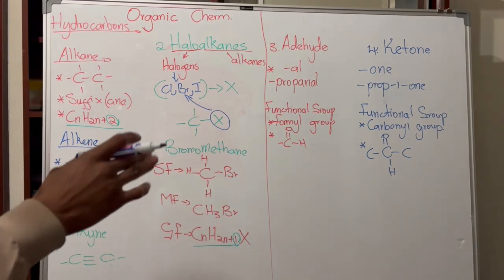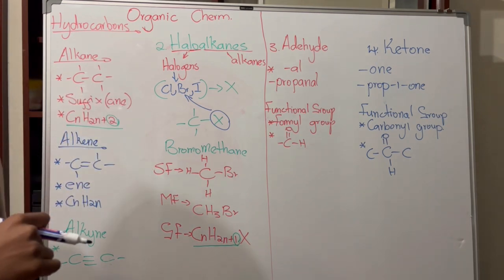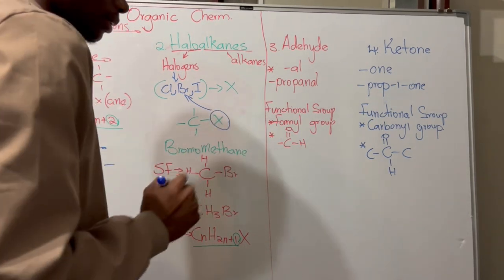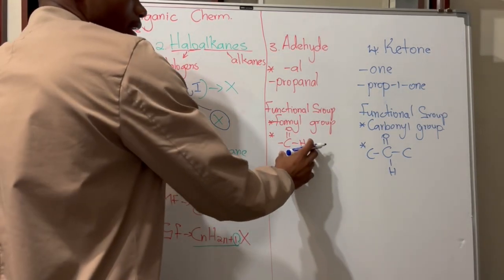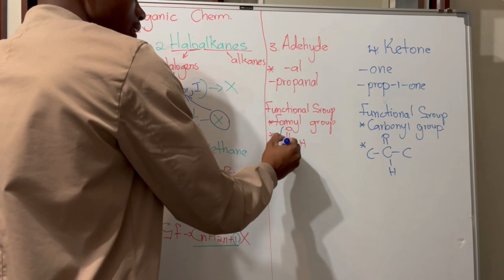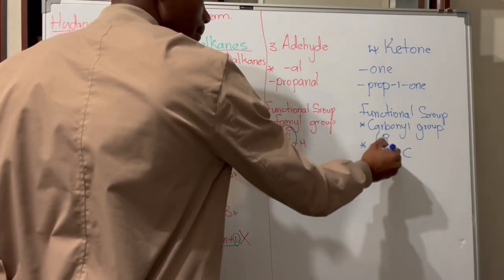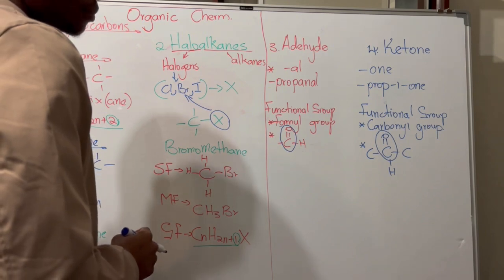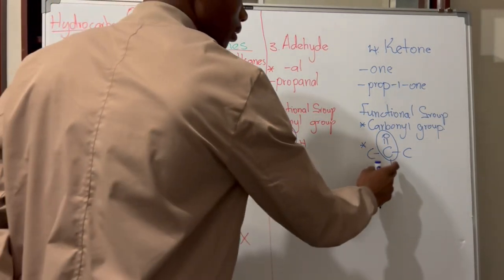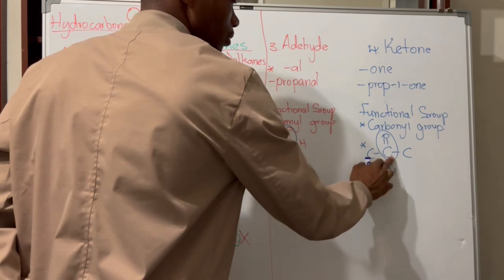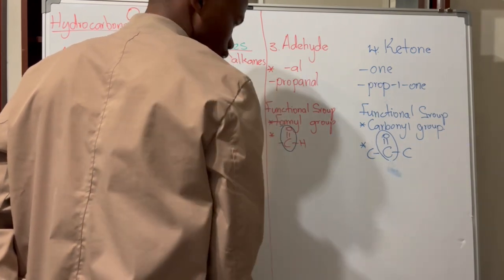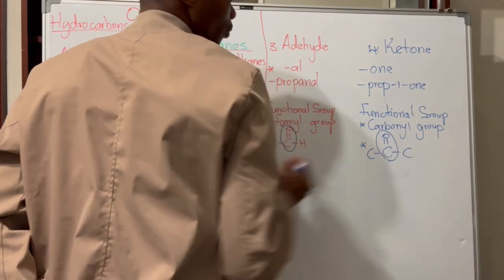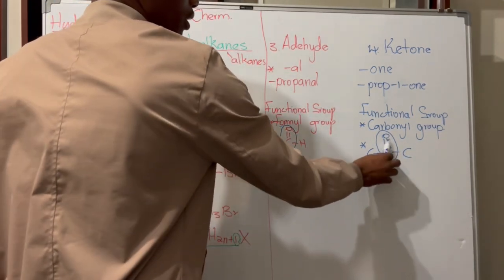Now, there's a difference there. And where is the difference? The difference is that here, if you look at this, this is the same as this, right? Sorry, this won't be here, because remember that our carbon bonds four times. So it's 1, 2, 3, 4.